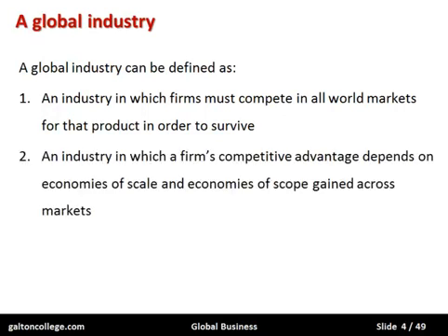An industry in which a firm's competitive advantage depends on economies of scale and economies of scope gained across markets. Well, both economies of scale and economies of scope are the subject matter of other videos, but very briefly, economies of scale means economies due to size, so bigger companies may have lower average costs.